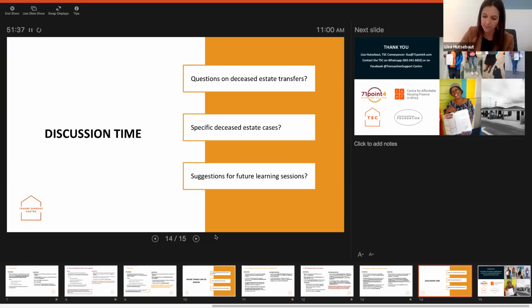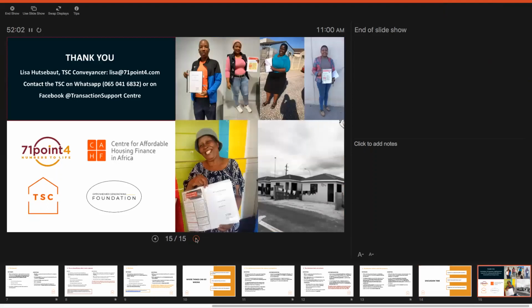So a lot of activities happen that are beyond what the municipality can handle. You cannot register a title deed on land which is tribal, because there's already a title deed covering the whole land. What will be the best option for families to register their land within tribal land?